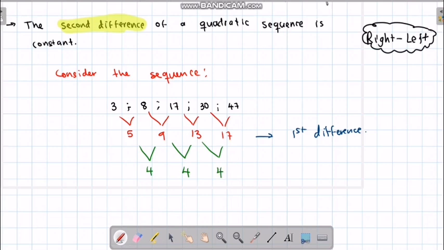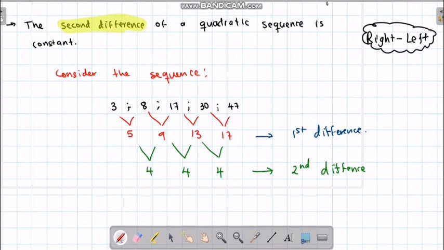What do you notice? Our second difference is the same, we have a constant of 4. So if a pattern has a constant second difference, we say that pattern is quadratic.